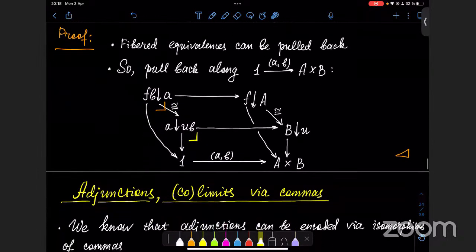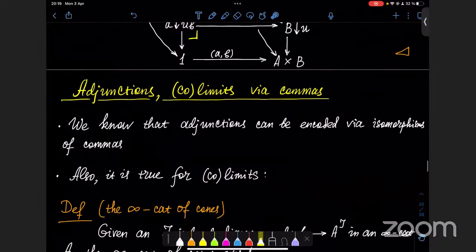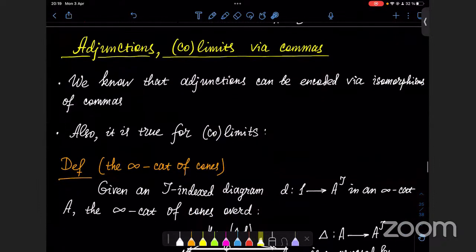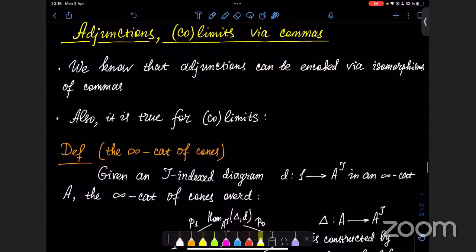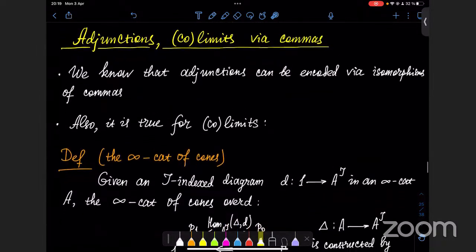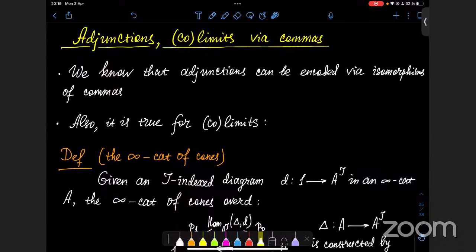Okay, now let's talk about adjunctions, limits and colimits via commas. We have discussed the case of adjunctions, and now we discuss the case of limits and colimits.